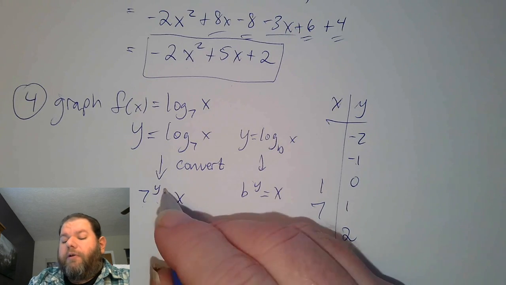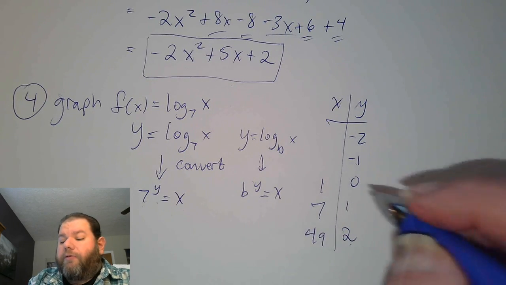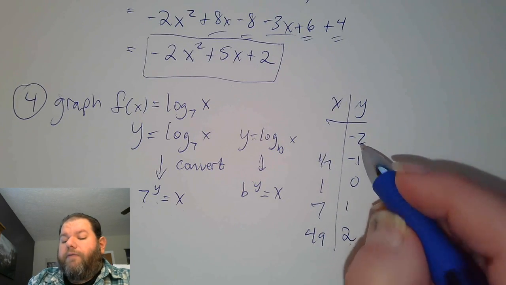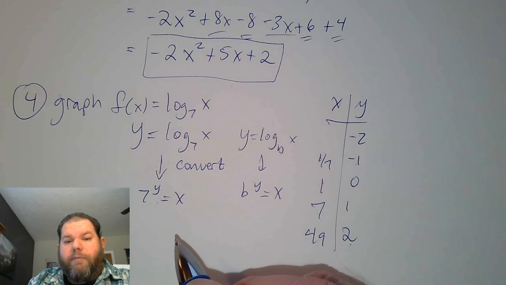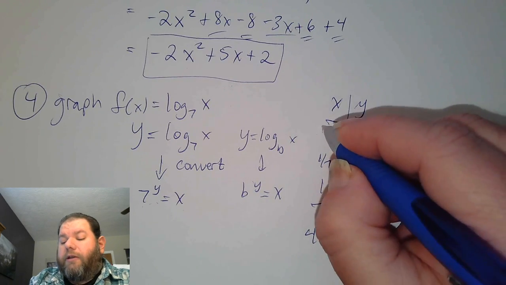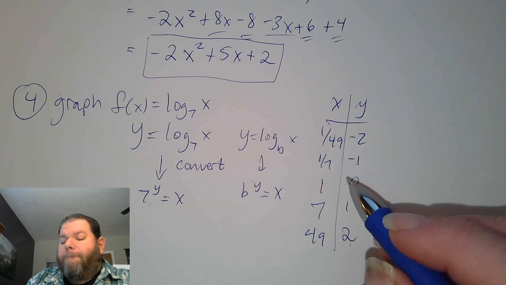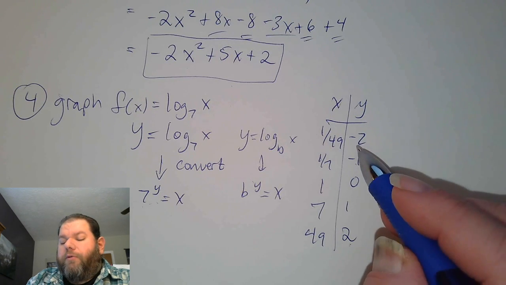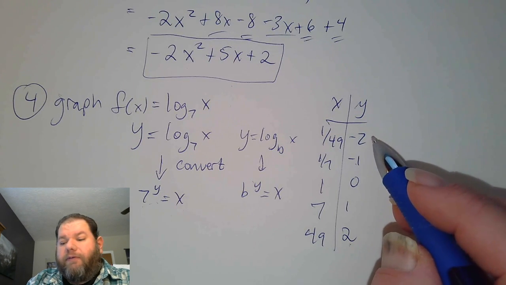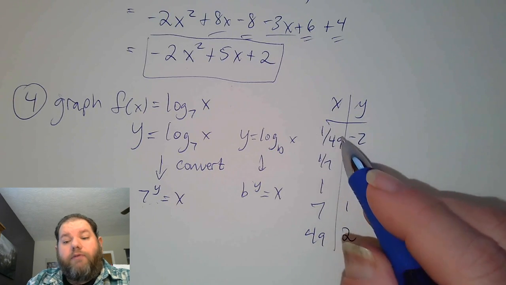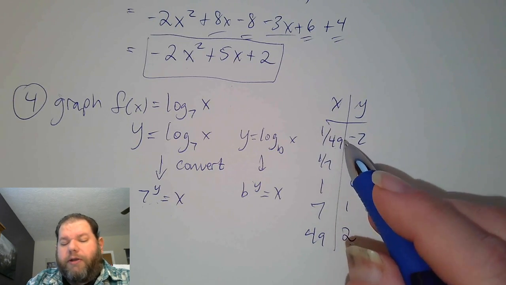Plug in negative 1, 7 to the negative 1 power is 1 over 7. And plug in negative 2, 7 to the negative 2 power is 1 over 49. So when you raise it to the negative 2, it's like we have 7 squared, but the negative makes it a fraction, so it's 1 over 7 squared, 1 over 49.